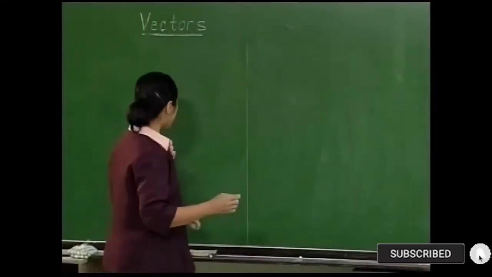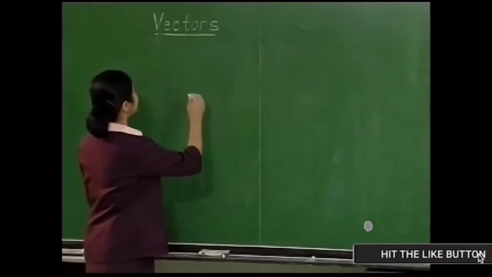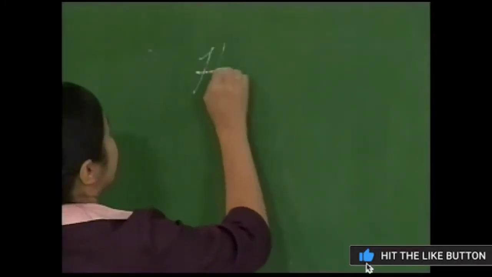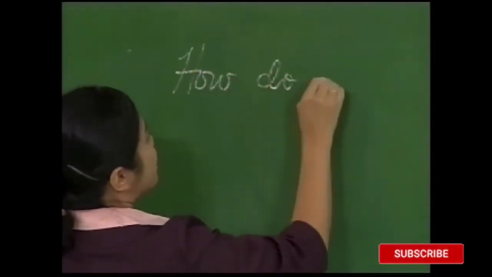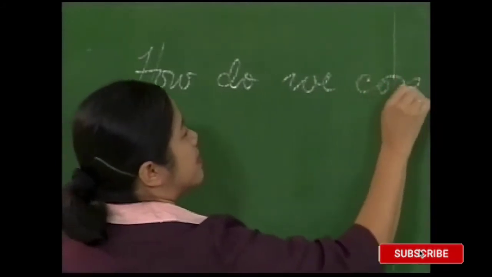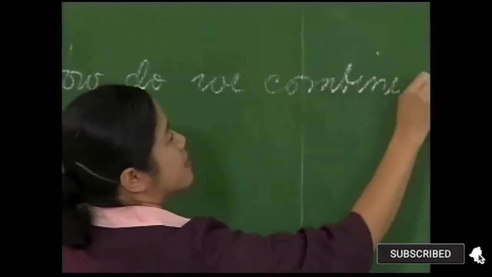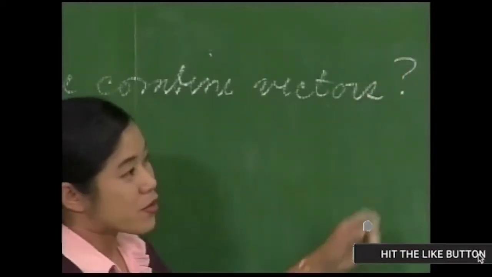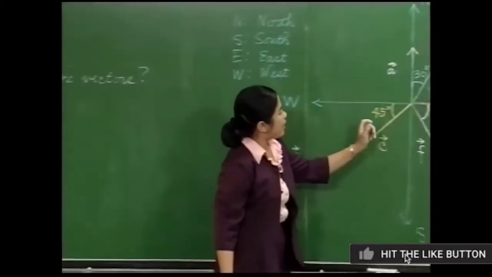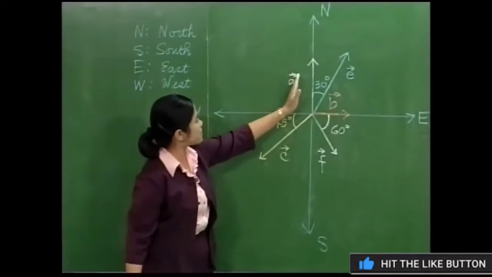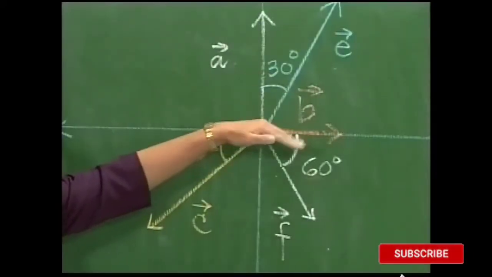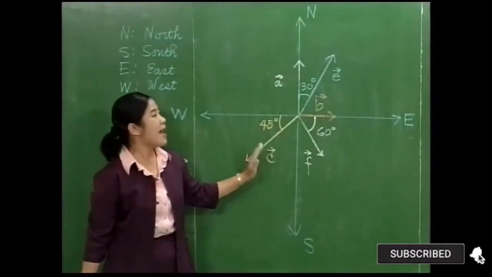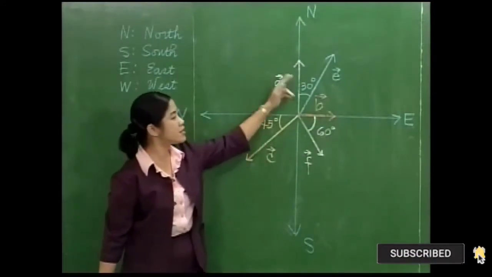Okay? So, the next question that we would like to answer would be, how do we combine vectors? What do I mean by this? For example, I have different vectors here. I have vector A, E, B, F, C. Suppose I tell you now, add all these vectors.